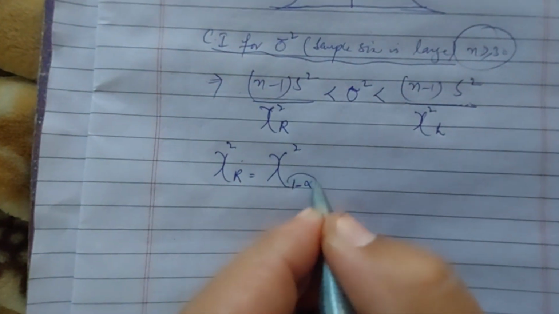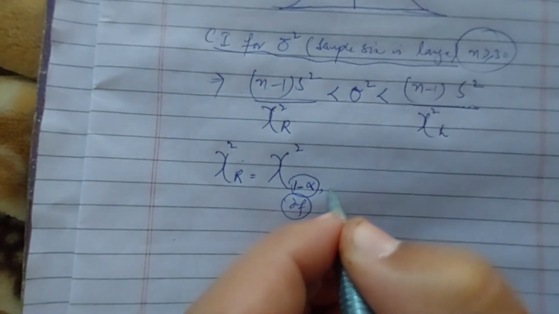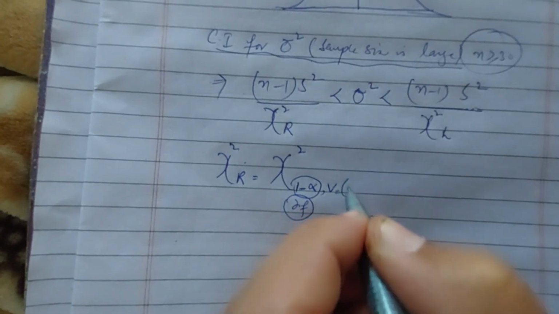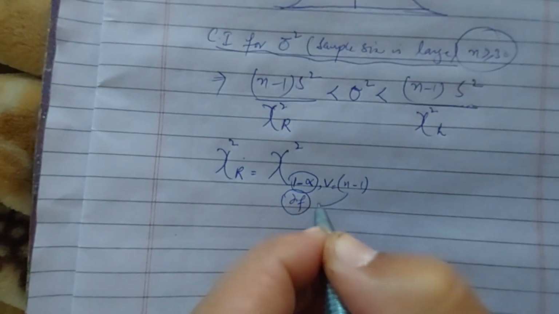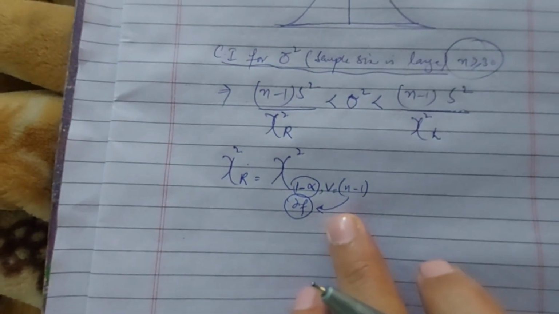This is with the degree of freedom V, and V is equal to n minus 1.